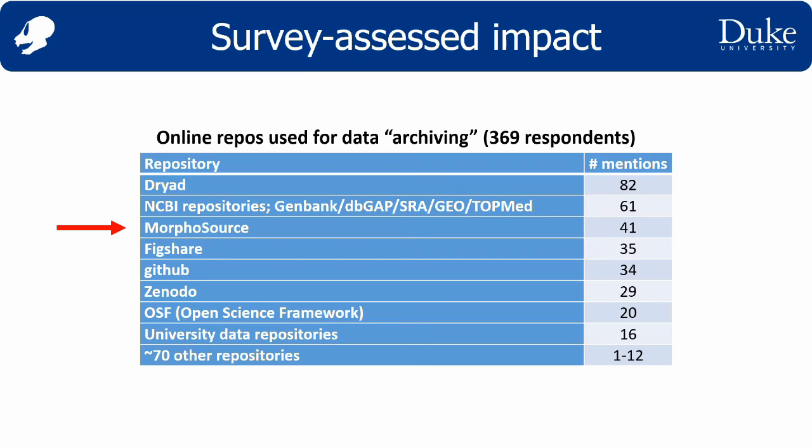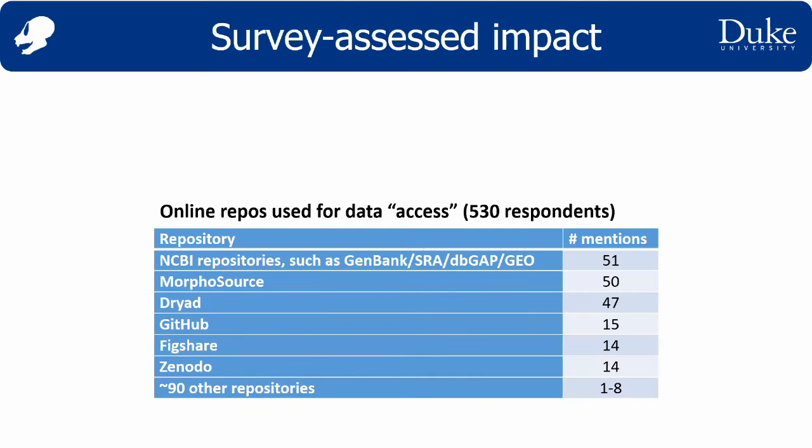So this is where people are archiving their data, not where they're accessing it from. So then we asked them, if they had accessed data, where they accessed it from. And in this case, GenBank is top, which makes some sense. And MorphoSource was second here, at least in this survey. Beyond Dryad, GitHub, Figshare, Zenodo, and about 90 other repositories.